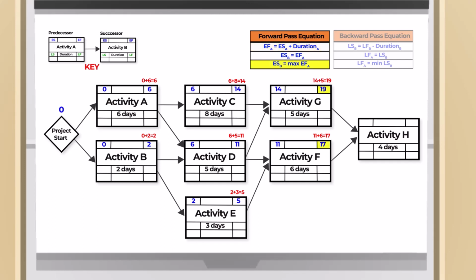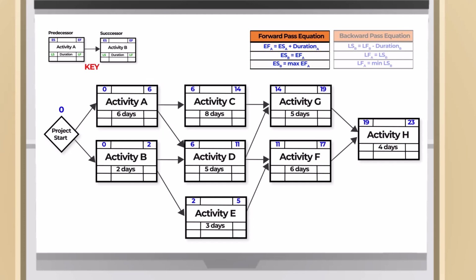We have 2 predecessors. We'll wait both to finish, and the maximum of the 2 will be 19. Activity H, early finish, will be the early start, 19, plus the duration 4, equals 23. This completes our forward pass, and the minimum duration of the project is day 23.